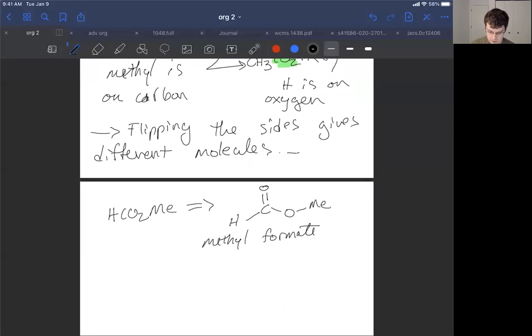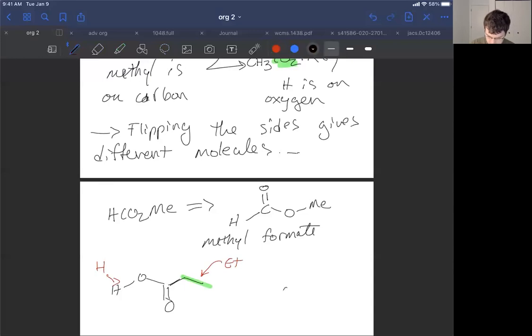All right, and what that means is if you have a molecule like this where you've contorted everything, let's keep it simple and have a chain that we can abbreviate. We've got an ethyl group and we've got a hydrogen.